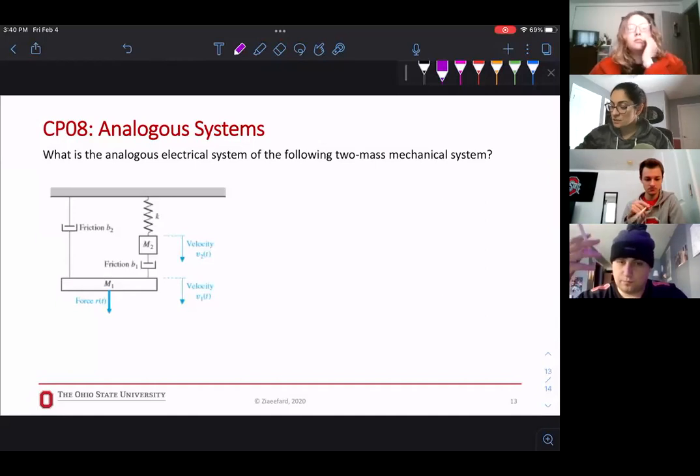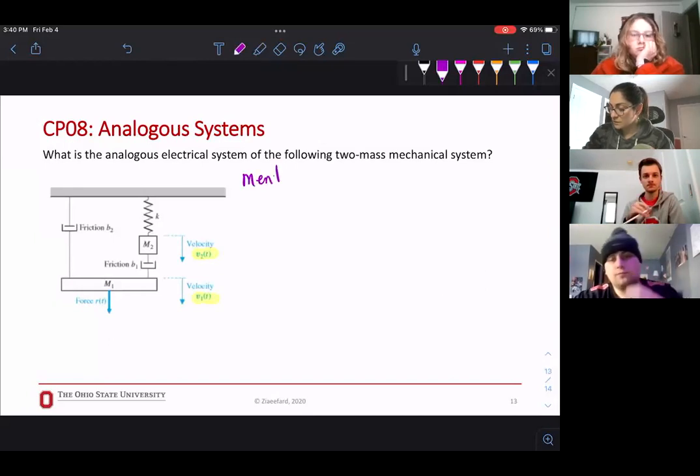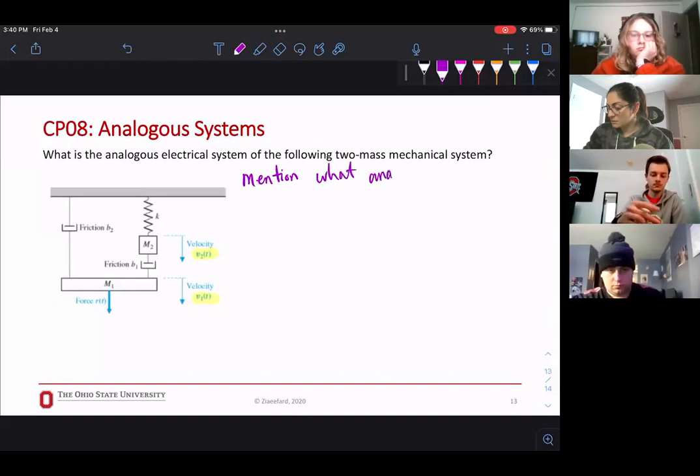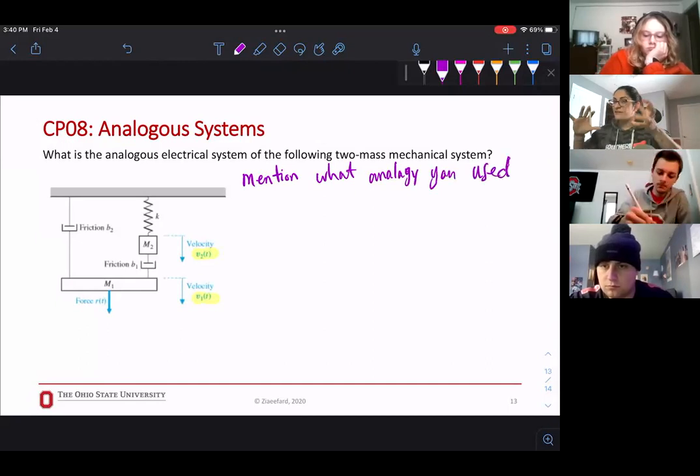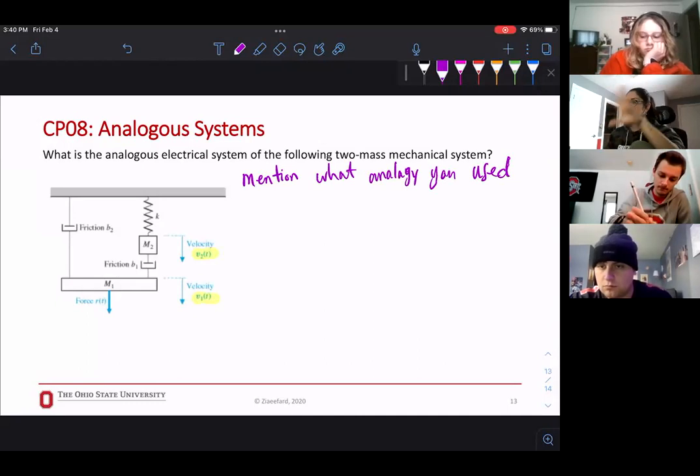Pay attention to these, right? And also mention what analogy you use. Because you can use different analogies, get different circuits, but then the end equations will be similar.